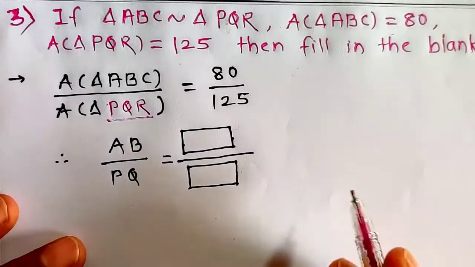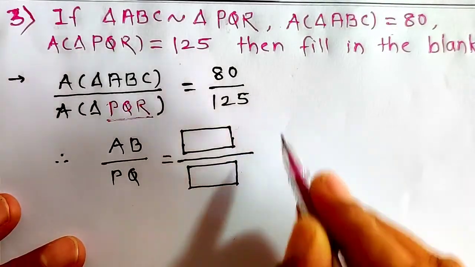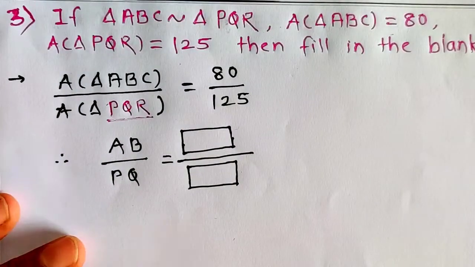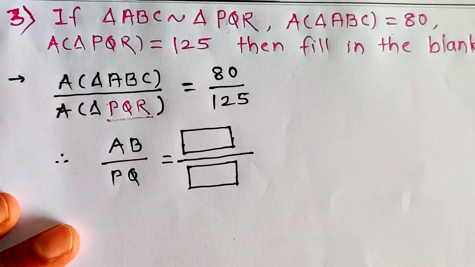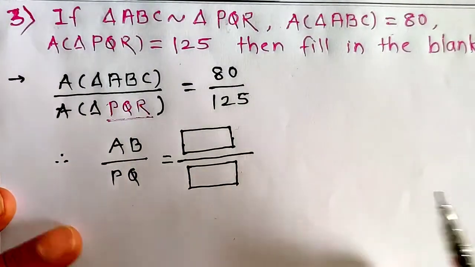Now what is our rough work? The ratio of their areas is equal to the ratio of the squares of their corresponding sides, means AB square by PQ square. No need to write this in the activity, we can do it in rough work.